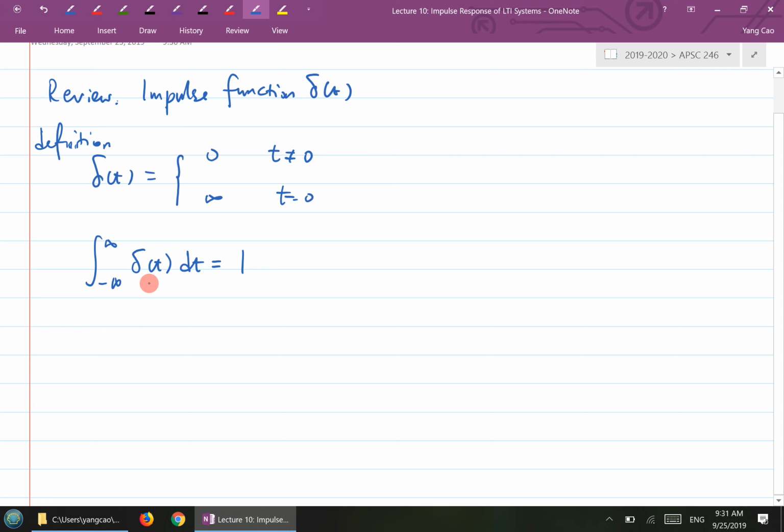And if you integrate delta t, the area underneath the delta t is actually 1. To indicate delta t, you can just simply draw an impulse at t equal to 0 to represent this delta t.